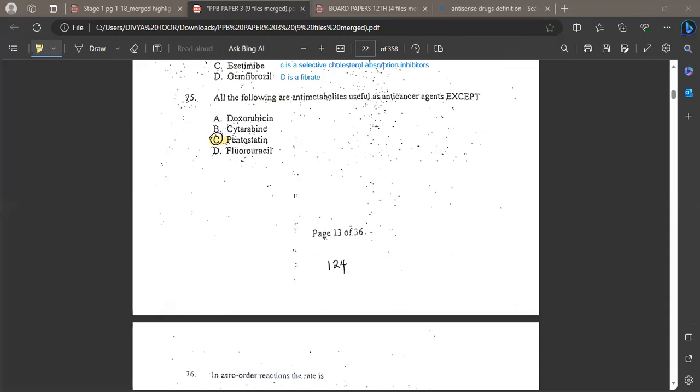It's doxorubicin. Doxorubicin is an anthracycline. It's not an antimetabolite. Antimetabolites are the ones that are purine and pyrimidine analogs. So apparently doxorubicin is an anthracycline.